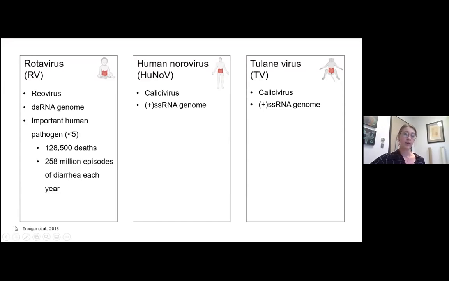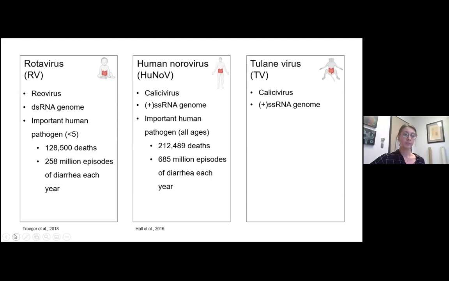Rotavirus is an important human pathogen, particularly in pediatric populations. Every year it causes almost 130,000 deaths and about 258 million episodes of diarrhea. Human norovirus is also an important human pathogen across all age groups. And so every year worldwide, it causes over 200,000 deaths and about 685 million episodes of diarrhea.